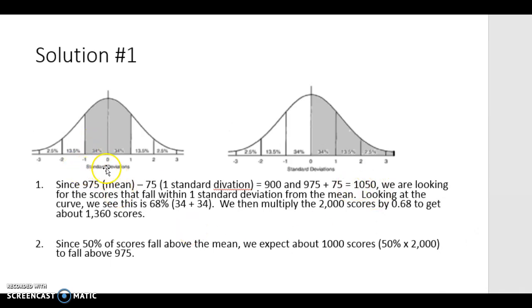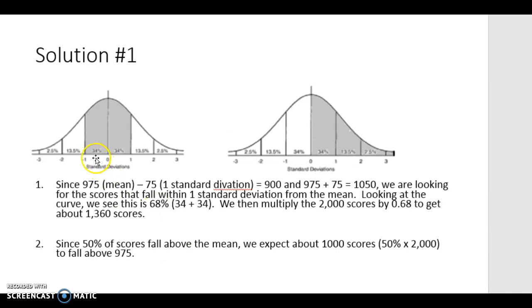Since the table goes from 0 to some z-score, we're going to look at this value here, and really we could just double that value, or we could find each of them separately using the fact that the curve is symmetric and the negative z-scores will have the same area under the curve as the positive z-scores.